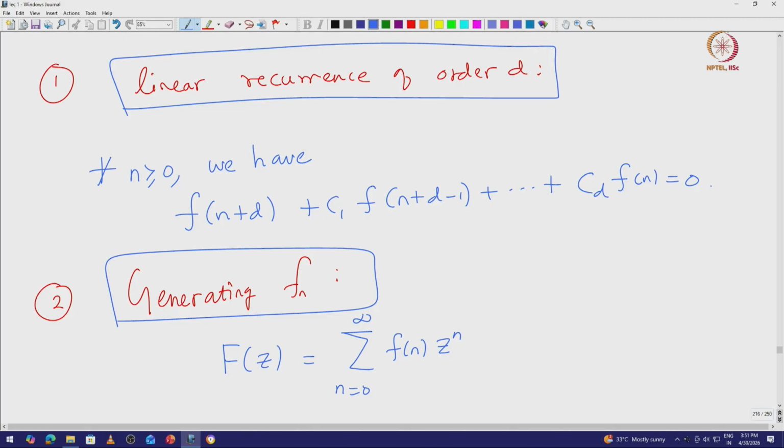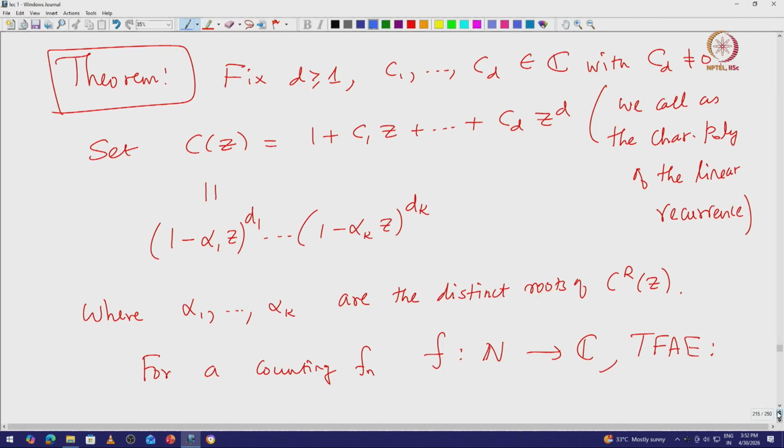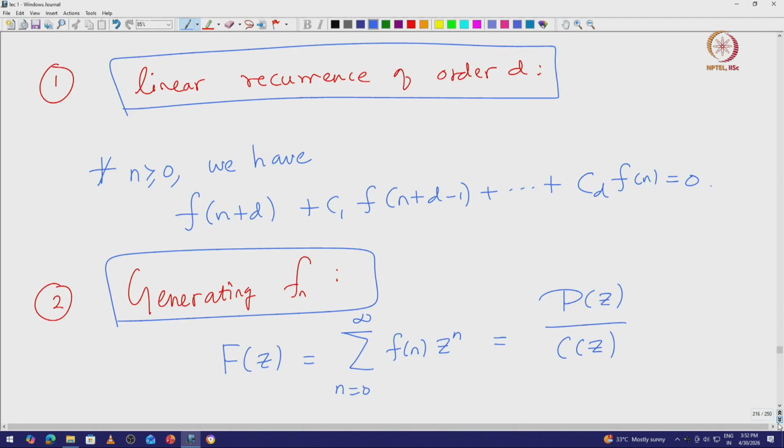This is exactly given by a polynomial p of z divided by c of z. So, c of z is already given here. Here there exists a polynomial p of z in C of z with degree strictly less than d, or less than or equal to d minus 1.